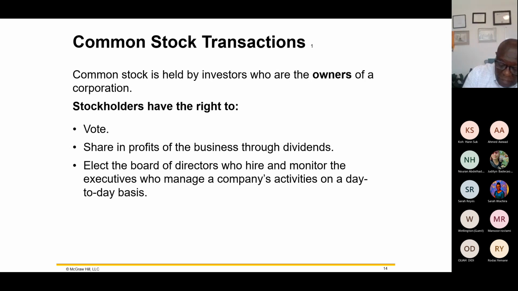This is new stock sold, 5,000, and the company declared dividend. Everybody should be writing it down because you are going to calculate for me. They declared dividend 10,000, and paid dividend 7,500.